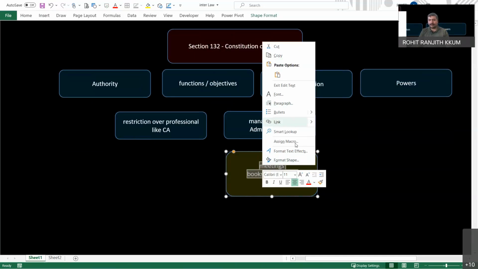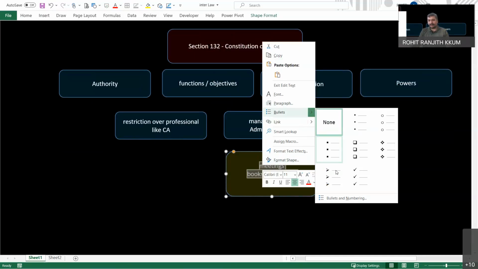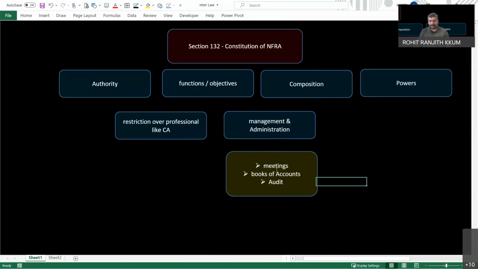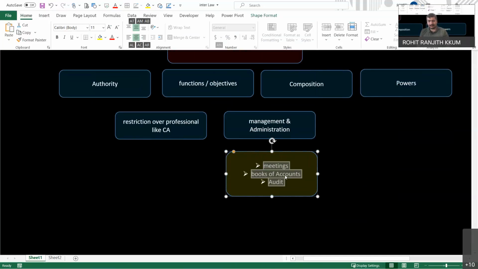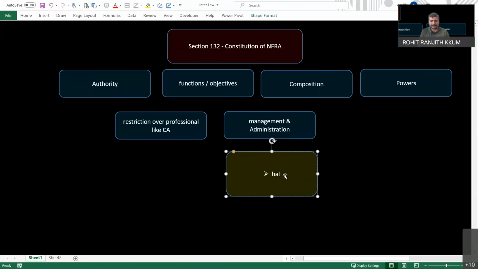So while people are learning NFRA, guys, look, most of the content given over here, you need to mug up, because here there is no process. For example, powers, functions. What I can help with in this, I have certain shortcuts. I can make certain shortcuts.